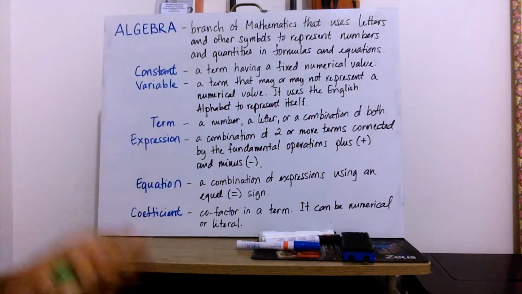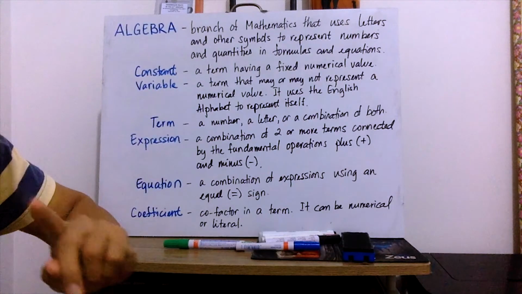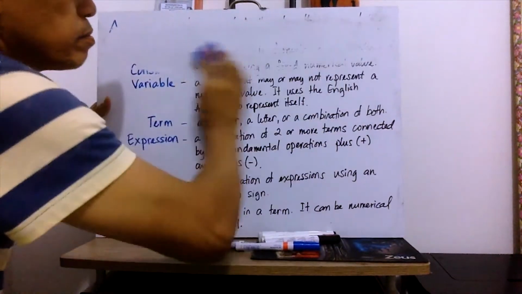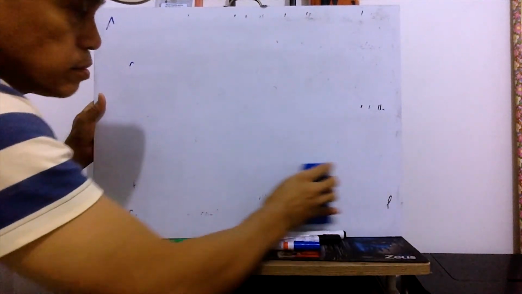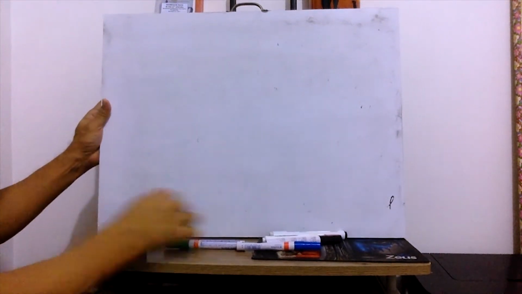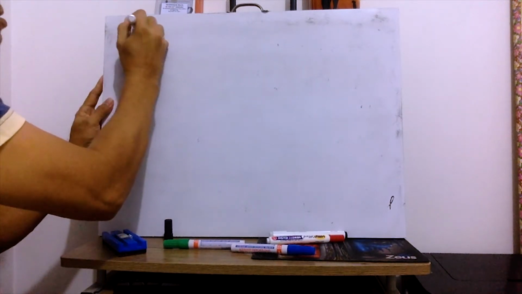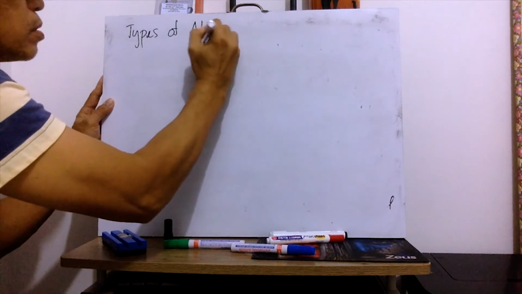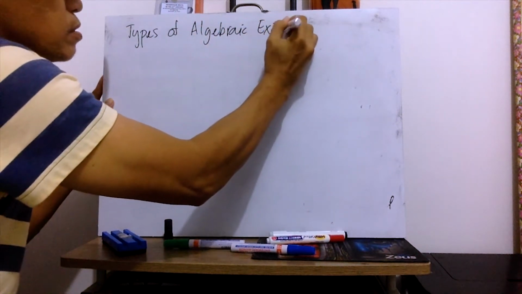What's next after this? We'll discuss types of algebraic expressions. Okay, so I can erase this. All right, so now we're dealing with types of algebraic expressions.